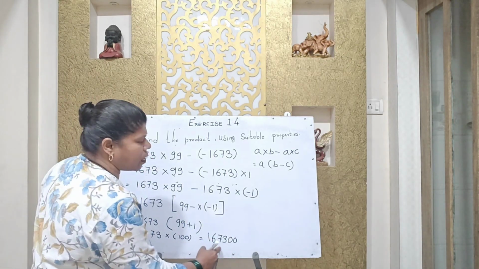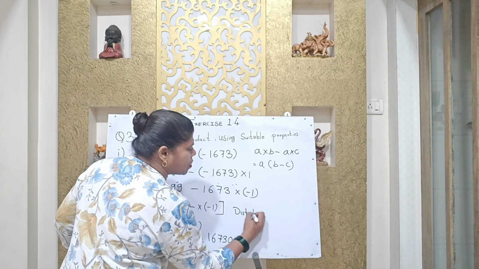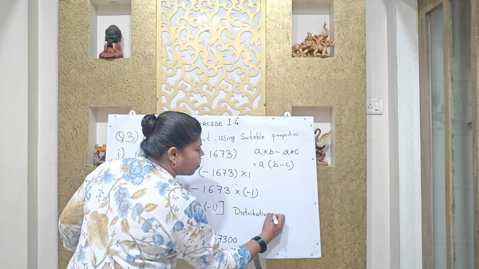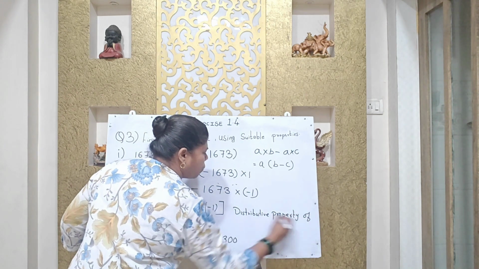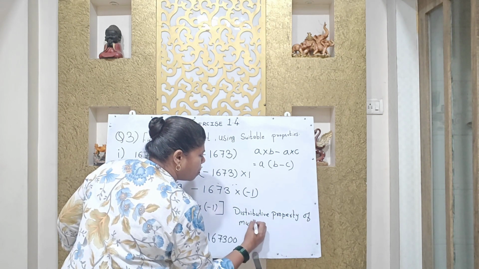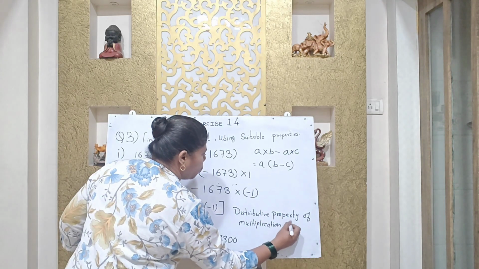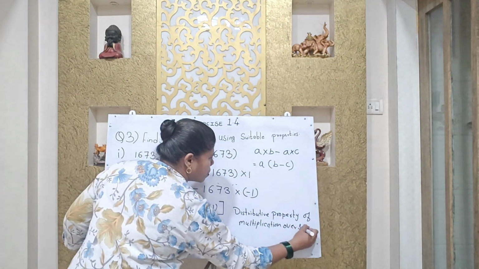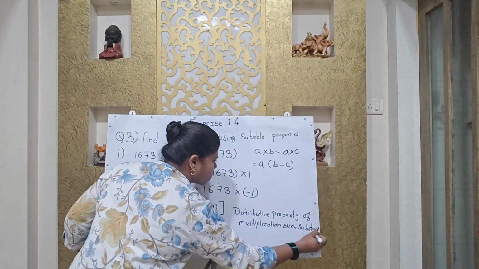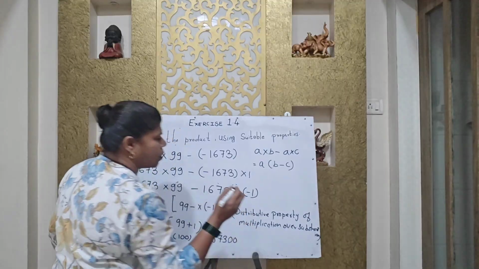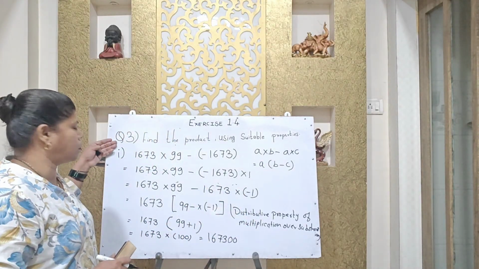This is my answer, and the name of the property is the distributive property of multiplication over subtraction. Okay, got it? So we have finished the question number 3 here.